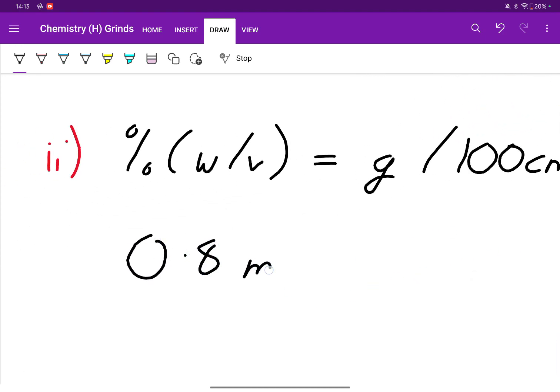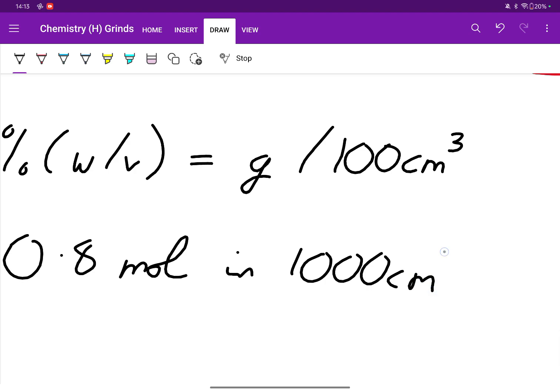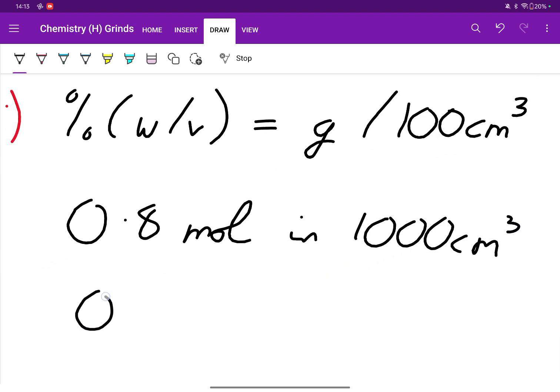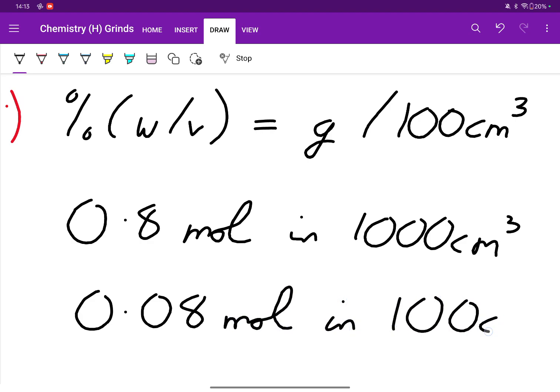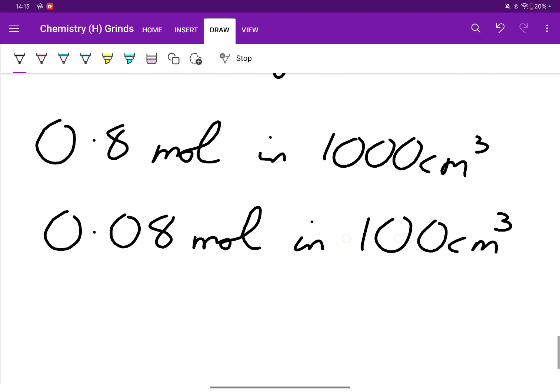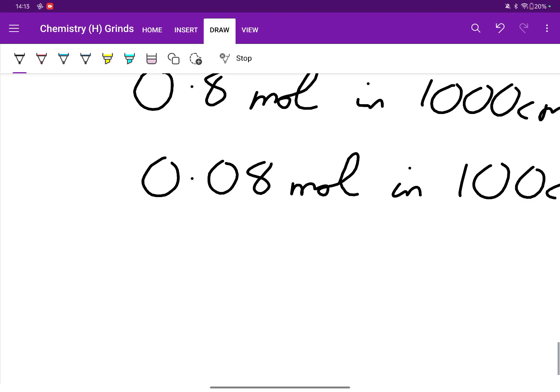So if I have 0.8 moles in 1000, I'm obviously going to have 0.08 moles in 100, just dividing by 10. And then finally I want to convert that moles back into grams. So grams is going to be moles multiplied by the RMM.